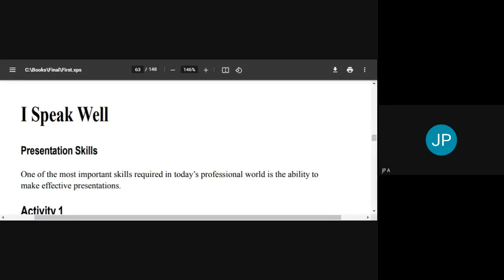So aid means to help. Okay? So something that helps us to make a presentation is called a visual aid. In this chapter, we are going to learn about such visual aids which help us to make our presentation easier to understand to the audience.